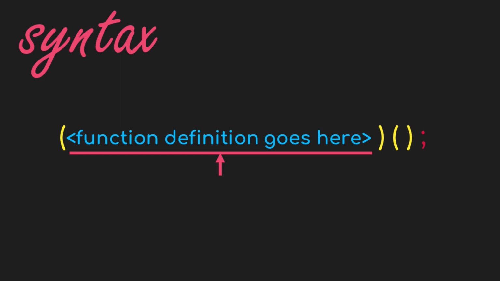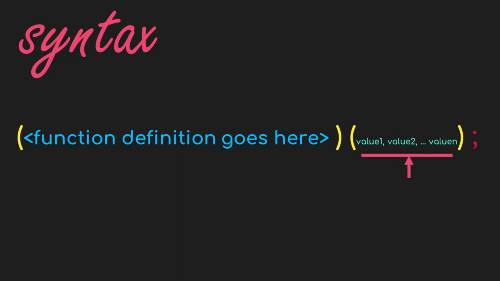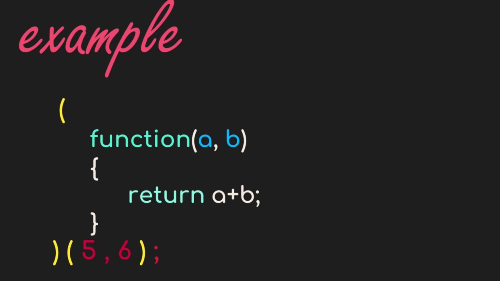As per the syntax, the entire function definition is enclosed within parenthesis, followed by parenthesis. The parenthesis can contain values also that are supposed to be passed as arguments to the function. Let's see an example. In this example given here, the entire function definition is enclosed within parenthesis, followed by another set of parentheses which holds the values 5 and 6, which will be passed as the function arguments.